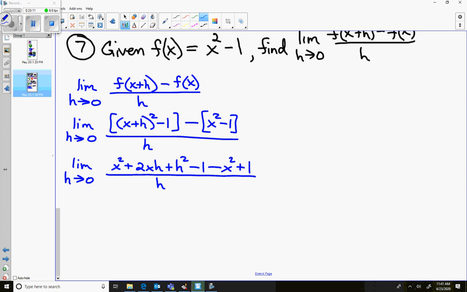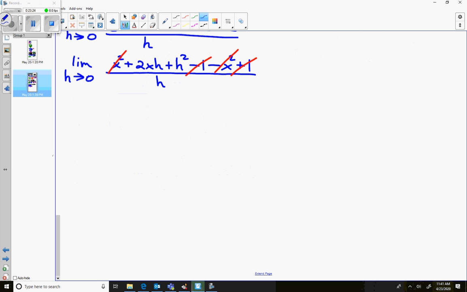Looking pretty messy. But x squared minus x squared cancel. Plus 1 minus 1 cancels. So it's not quite as bad as it originally looked. So limit as h goes to 0 of 2xh plus h squared all over h.